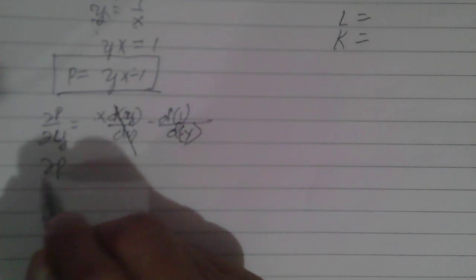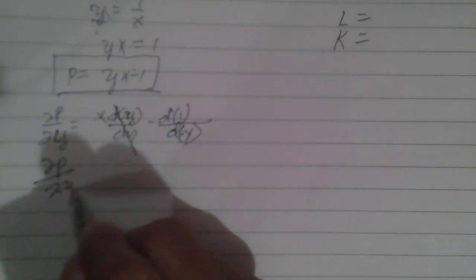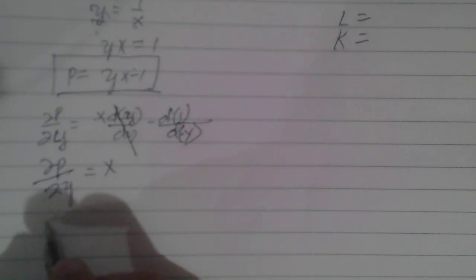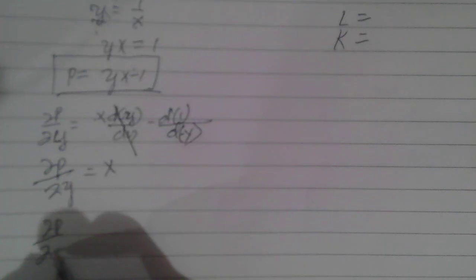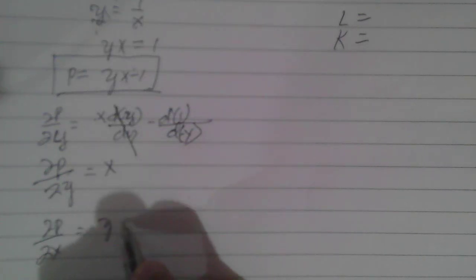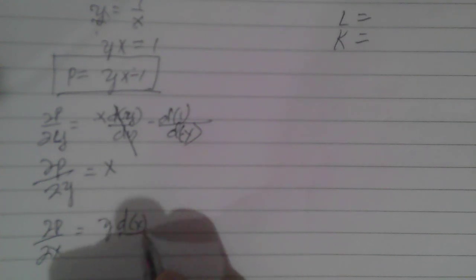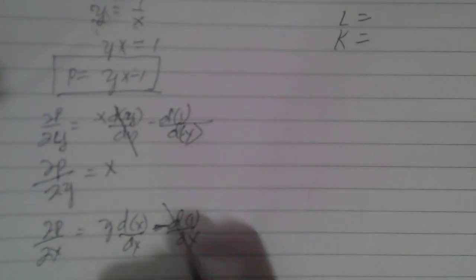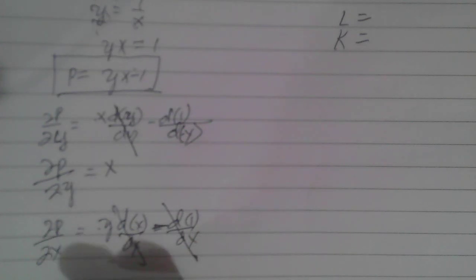So the partial derivative with respect to y is equal to x. And then the partial derivative with respect to x, y is constant: you have y times the derivative of x with respect to x, minus the derivative of 1 with respect to x, which is 0. So you have x and y.